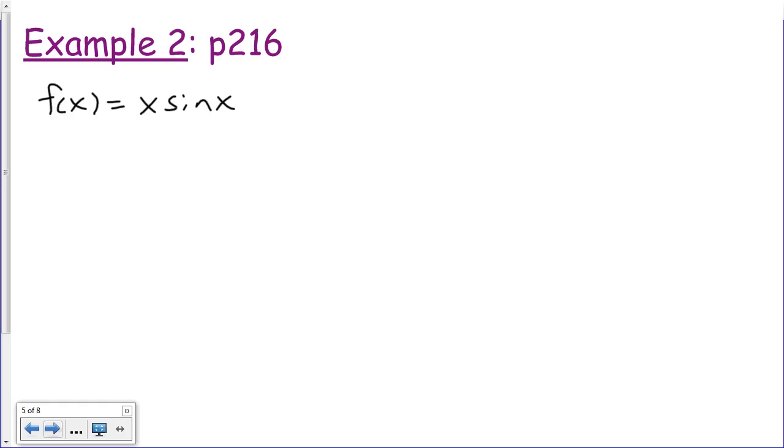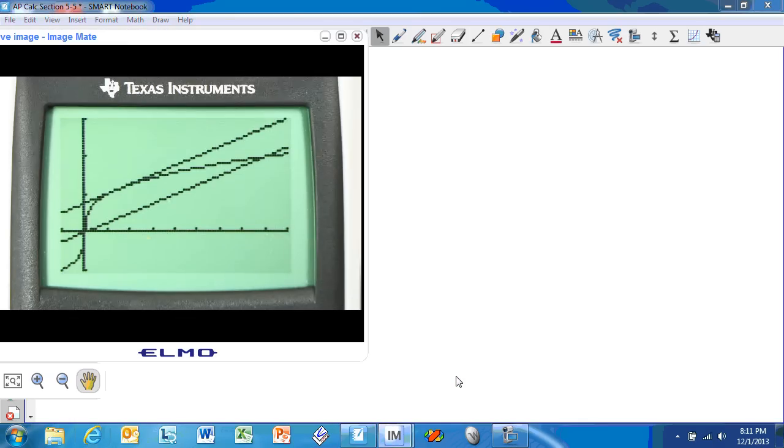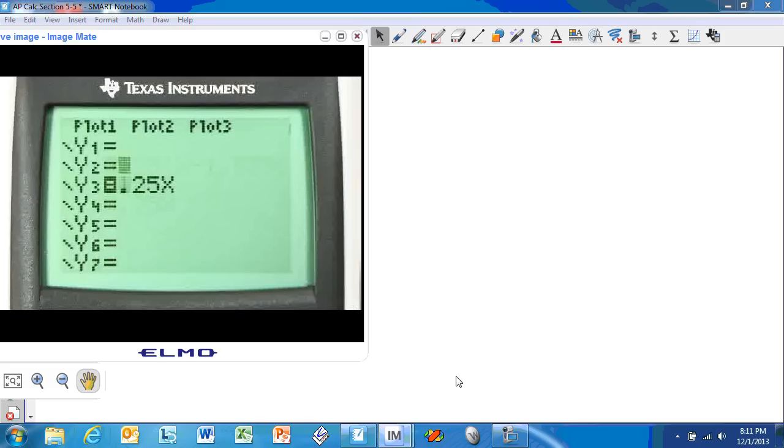All right, so let's first find that interval, and we're going to use our calculator to help us do that. So let me get rid of these three functions here, and let's put in x sine of x. They say the first set of non-negative x values, so that at least gives me a hint that I want to start with positive values in terms of my window here.